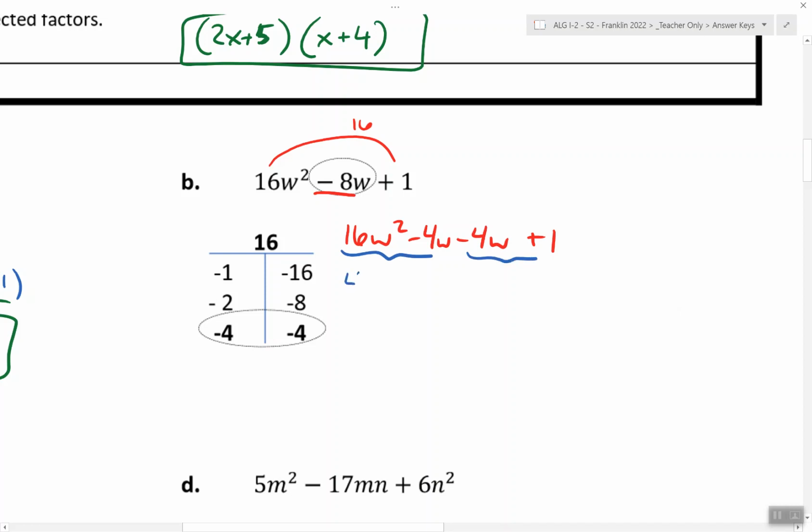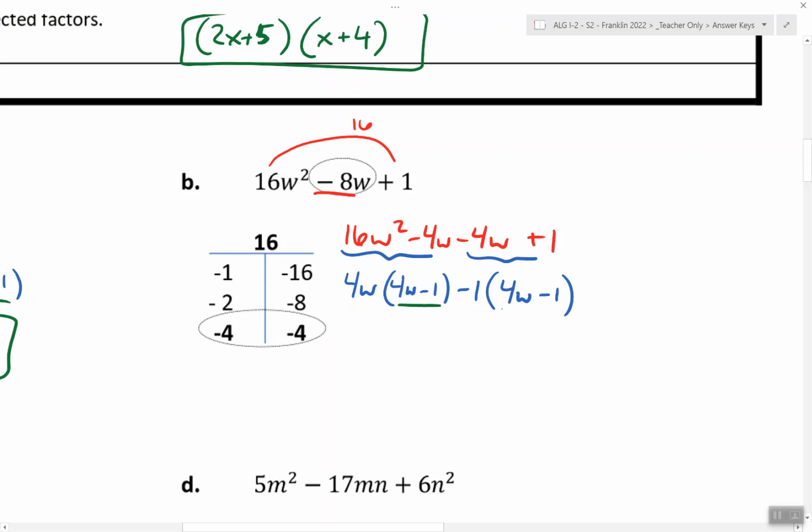So we'll take a 4w out of the first set here, leaving 4w minus 1. Now, we want this to match. We want to get 4w minus 1 in this second set of parentheses. So what we have to actually take out from these two is a negative 1, and that will turn that negative 4w into a positive 4w, and the positive 1 into a minus 1.